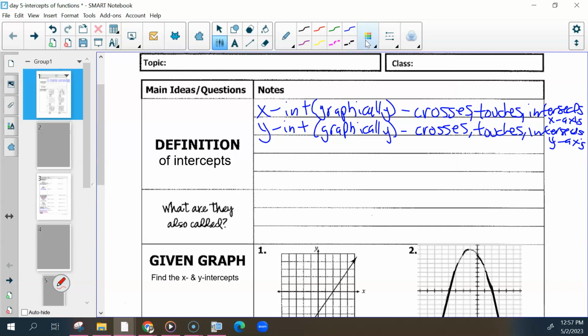So where they cross, touch, or intersect the x or y axis. Algebraically, if I'm looking for the y-intercept, the x value is 0, and vice versa.